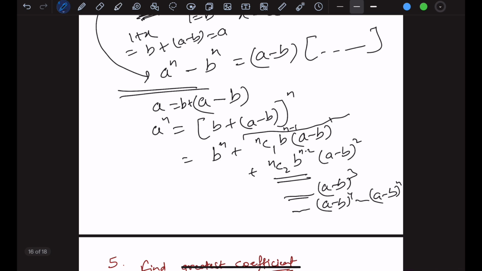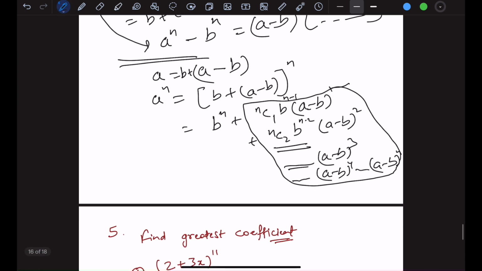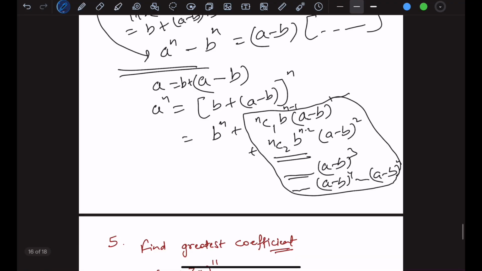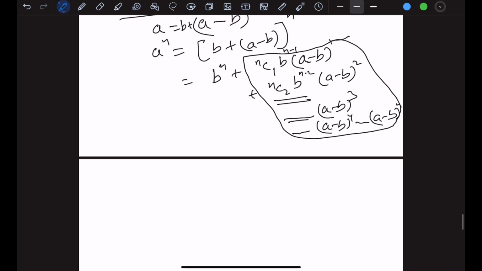So this whole thing, I can take a minus b out, and it can be written as a to the power n equal to b to the power n plus a minus b into something.